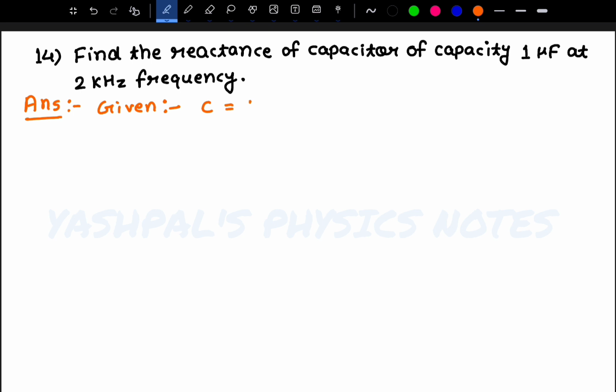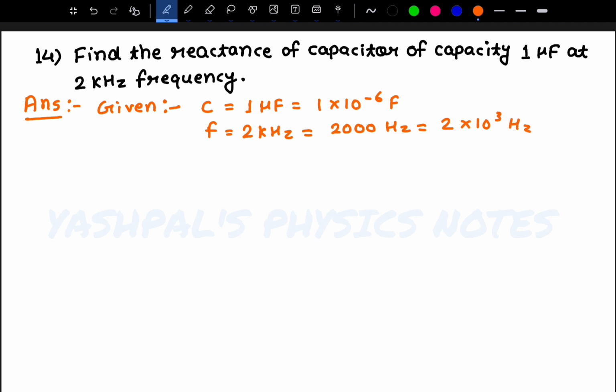Capacitor capacity C is equal to 1 microfarad. Convert it into the standard value, that is farad, 10 to the power minus 6 farad. Frequency is given as 2 kilohertz. We have to convert into hertz, that is 2000 hertz, or you can simply write it as 2 into 10 to the power 3 hertz.